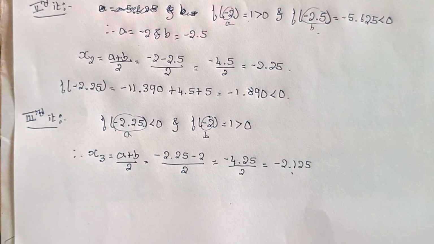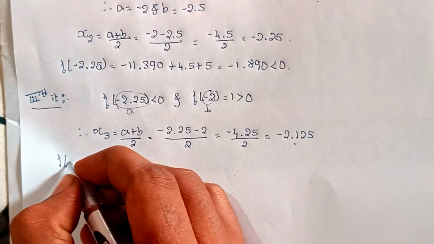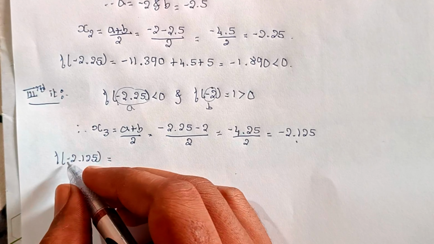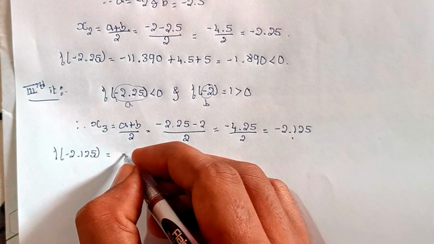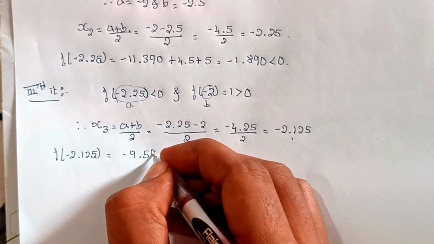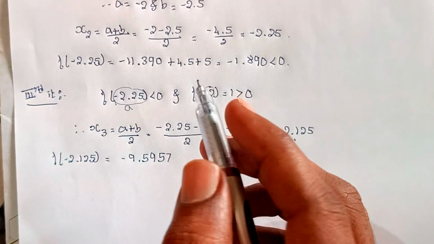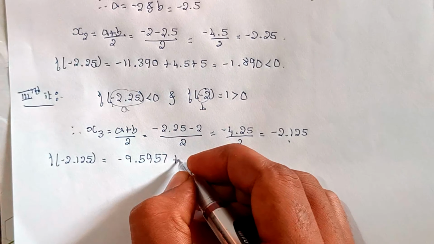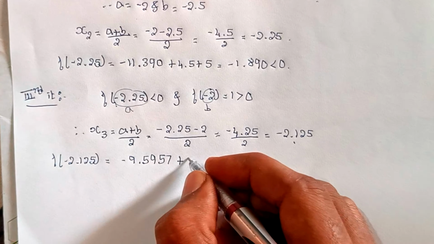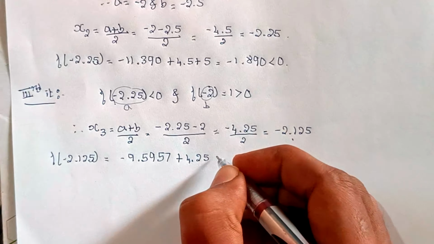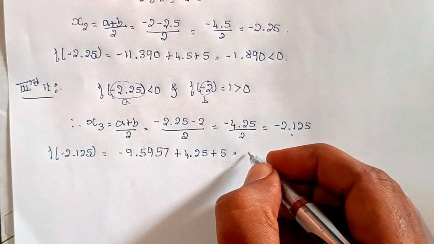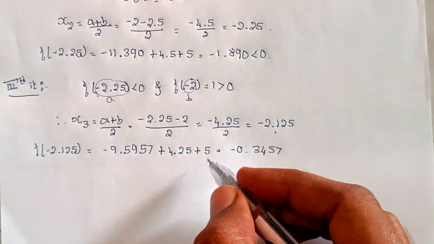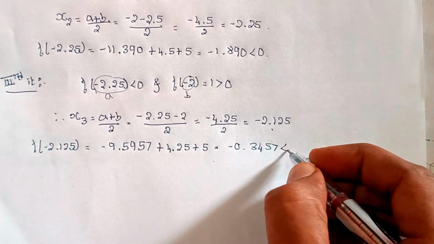Substitute this value in the given formula, that is f of -2.125 is equal to -2.125 cube, that is -9.5957, minus 2 into -2.125, minus into minus is plus 2 into 2.125, that is 4.25, plus 5. The value is -0.3457. Again this value is negative, that is less than 0.